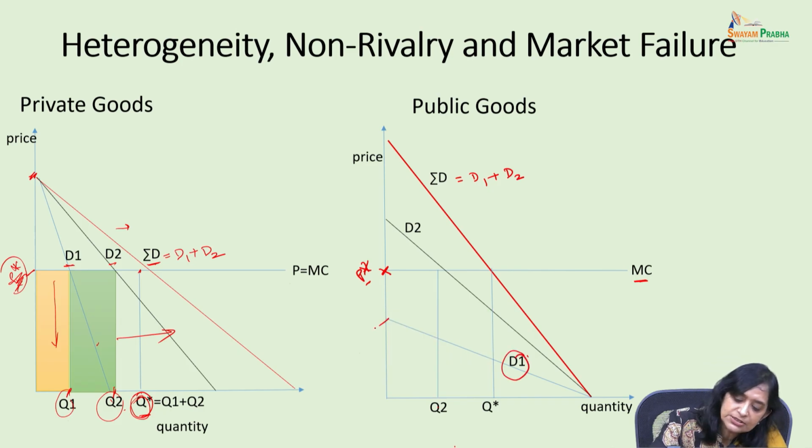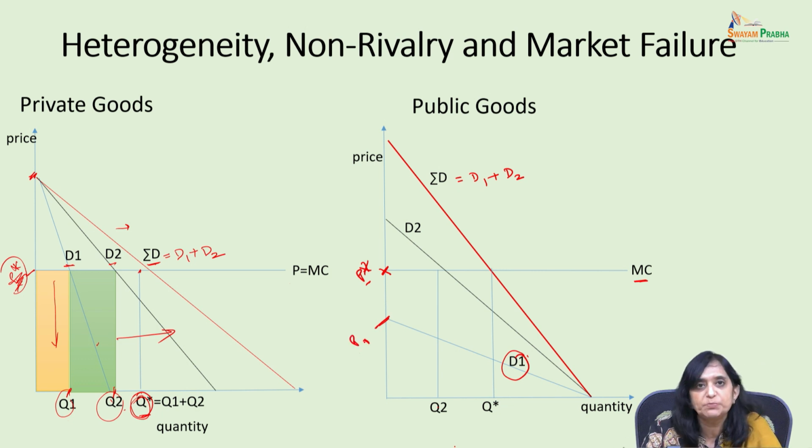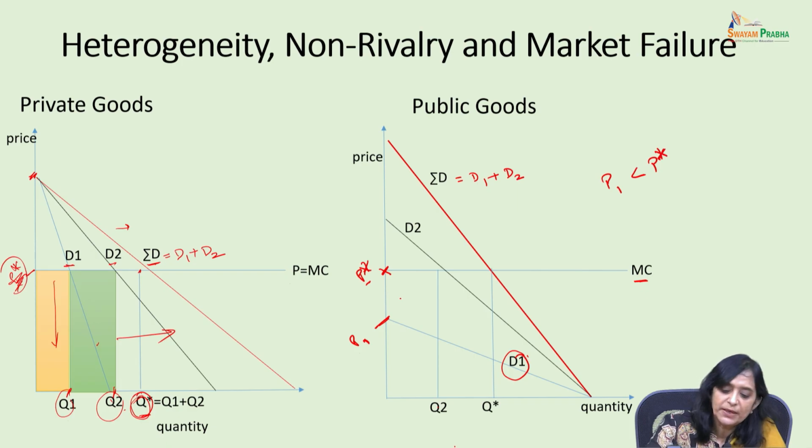Because he has said that my highest willingness to pay is P1, which is less than P star. So this means that person 1 is not going to demand anything of that particular public good at a price P star.